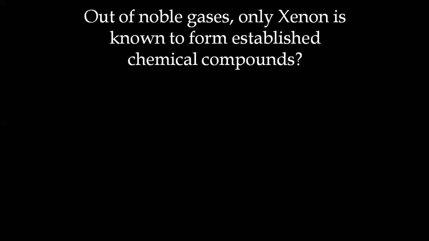It was the complex of platinum which was first made by Neil Bartlett. What he found out is that by mixing platinum fluoride, PtF6, and xenon, a xenon complex can be easily prepared.